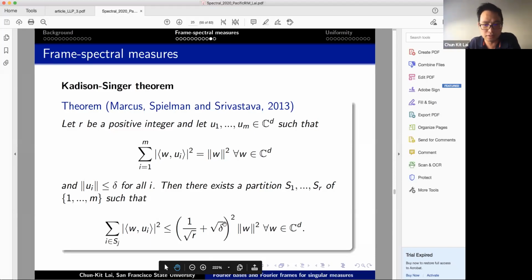Imagine if there's no delta, it's 1/R. So you do a very good partition, and in every partition the frame bound is kind of the same number. But here, of course, you are missing the lower frame bound.